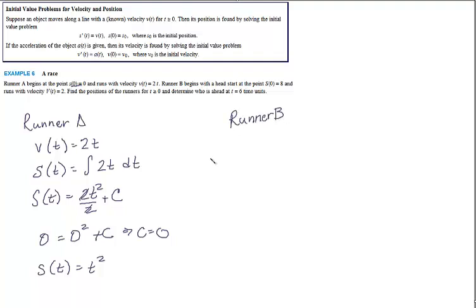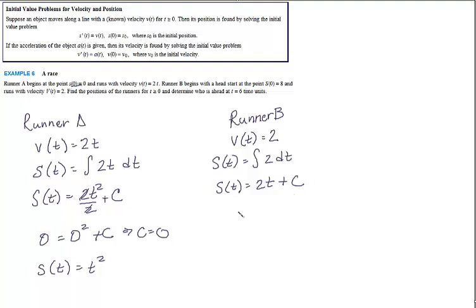Now runner B, his velocity equation is 2. That means I'm going to get his position equation by taking the integral of 2 with respect to t, and s of t in this case is just going to be 2t plus some constant.